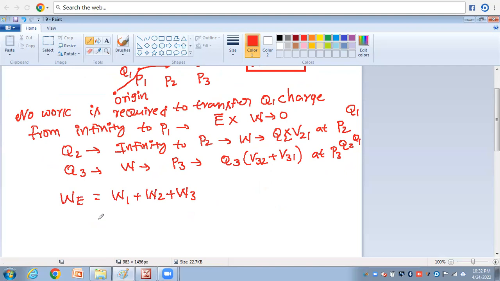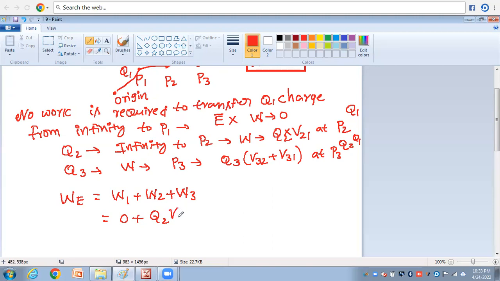Initially the work done W1 is 0, since the space is charge free and there is no electric field. Then W2 equals QV, so Q is the second charge Q2 and V is V21, the potential at point 2 due to Q1.